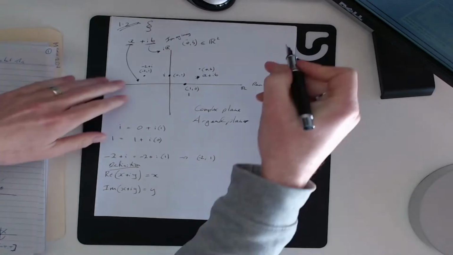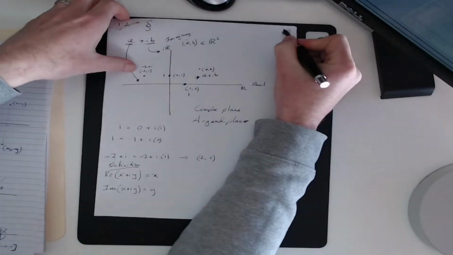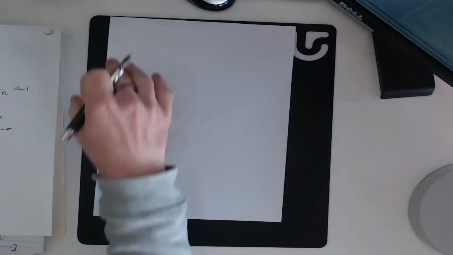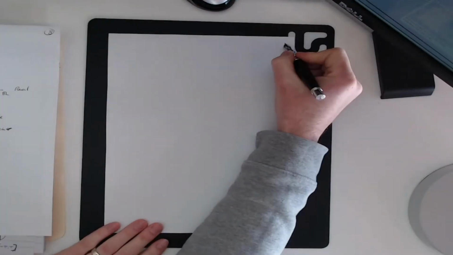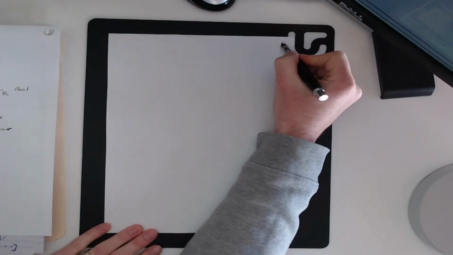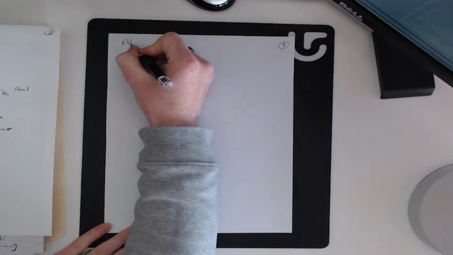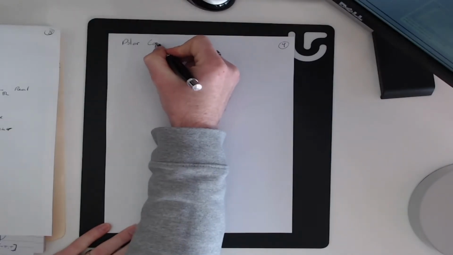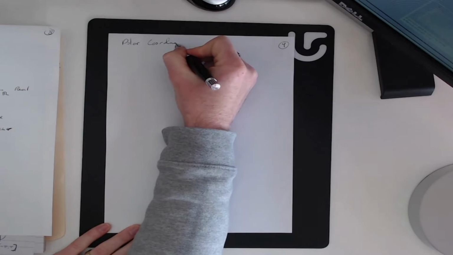Right, now some of you, we're up to 8, some of you will have seen polar coordinates before. Polar coordinates are a thing you can use in the plane, for example when you're doing multivariate calculus, but they're very useful in complex analysis too.